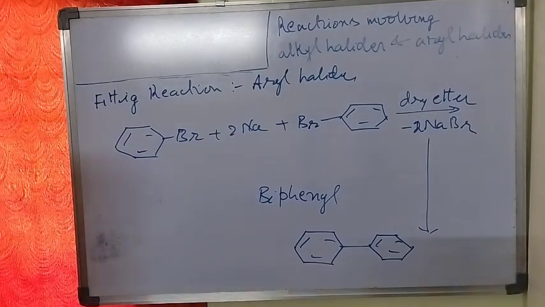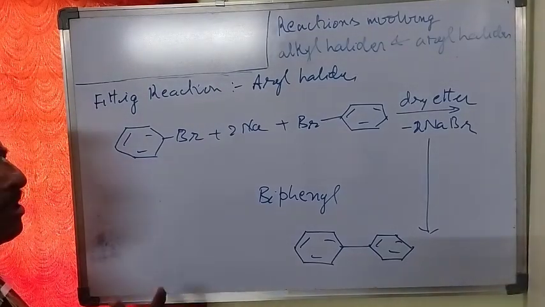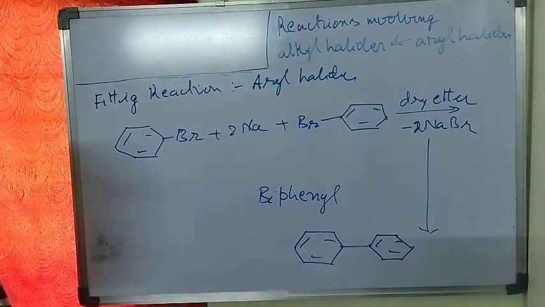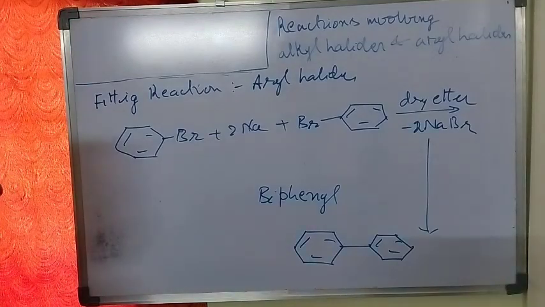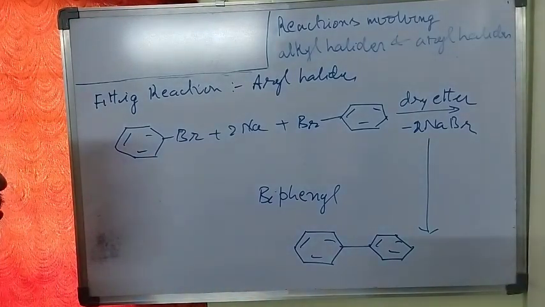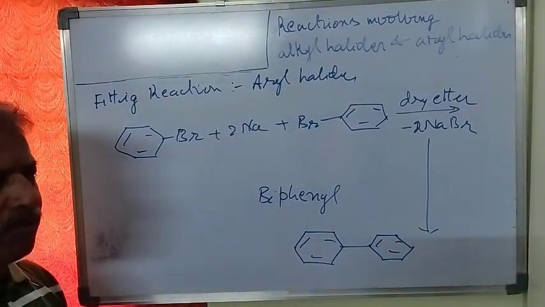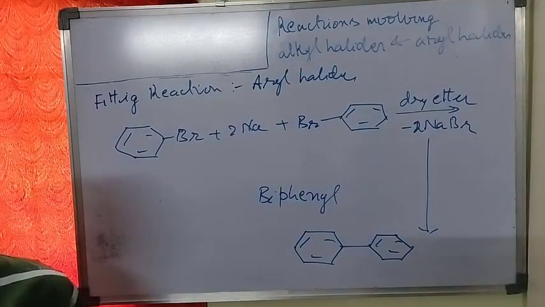Now let us see the cross reaction, where the Wurtz reaction as well as the Fittig reaction both take place. Therefore this is referred to as the Wurtz-Fittig reaction. So in the Wurtz-Fittig reaction, one molecule is aryl halide, another molecule is alkyl halide.